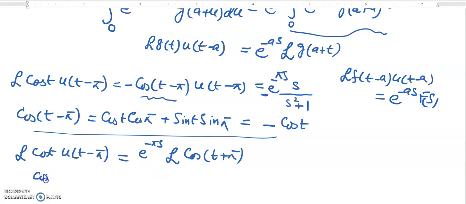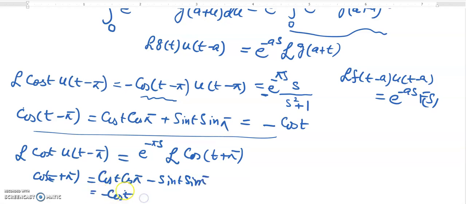That will be equal to cosine of t cosine of pi minus sine of t sine of pi. So it will be minus cosine of t, because cosine of pi is minus 1.